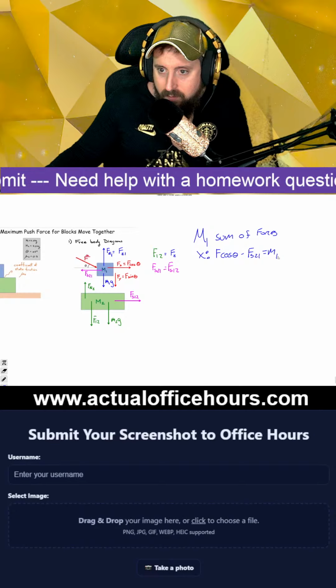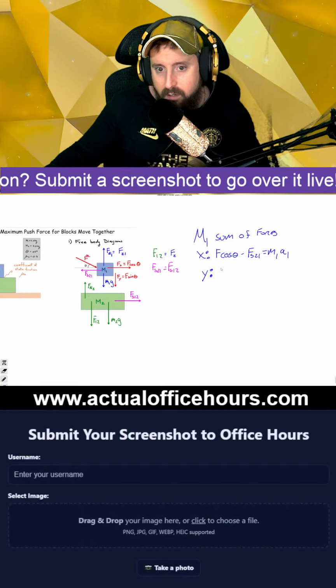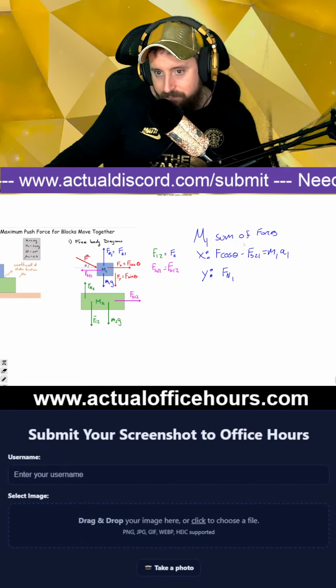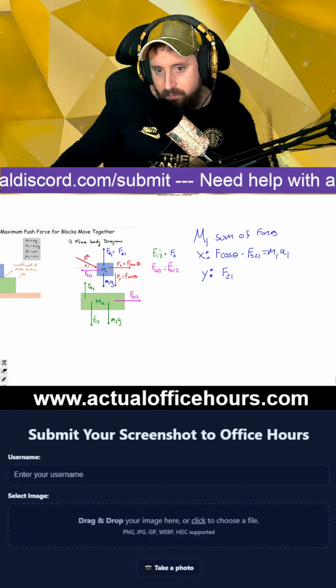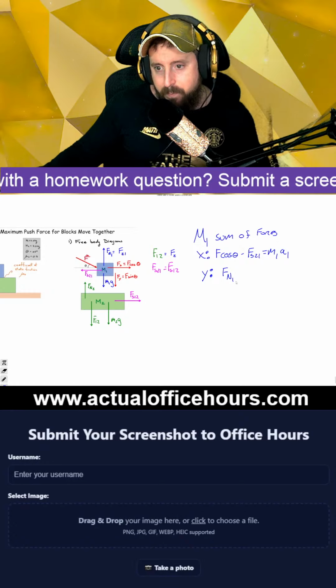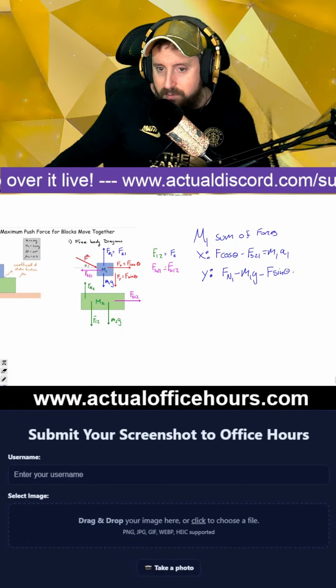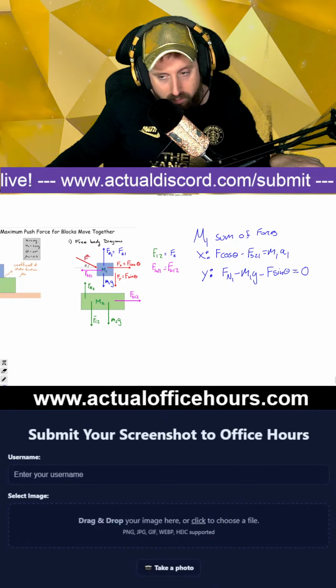Okay. And then in the y direction, let's see, which is the same thing as F21. Let's just call it F21 for now. Or no, I like FN1 because I'm going to need that for the friction later. And then FN1 minus F sine theta needs to be equal to 0, because this thing is not moving up or down.